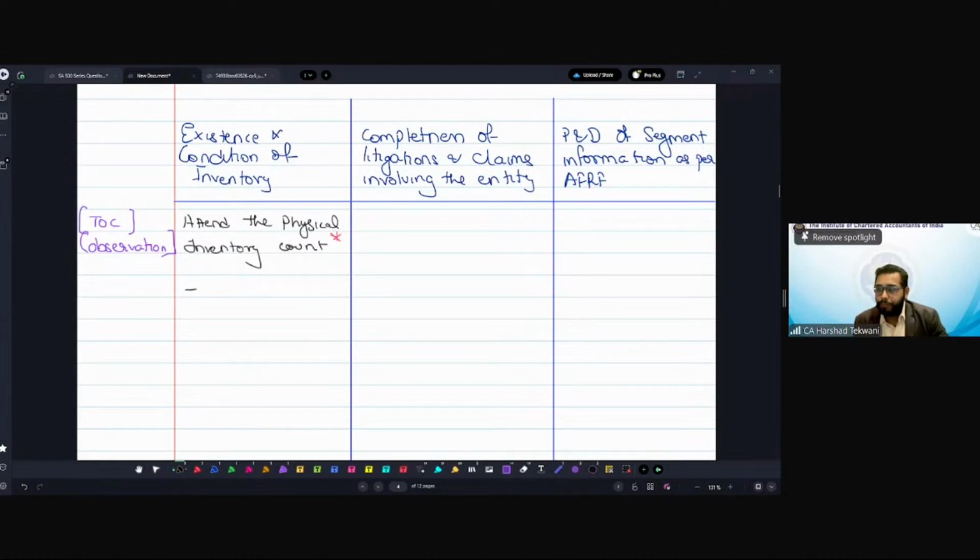What else? The method of issuing inventory for finished goods is also checked, because it shows the obsolete items also, and it is recorded in the books, and whether the physical inventory count is matched with any discrepancies.